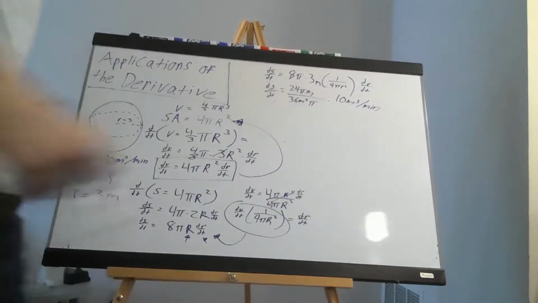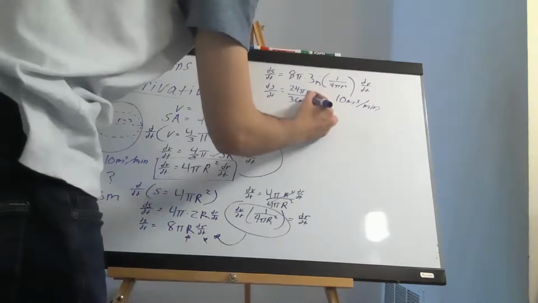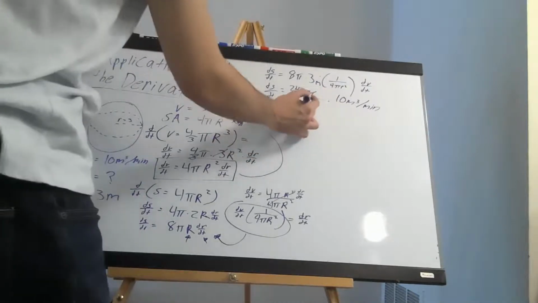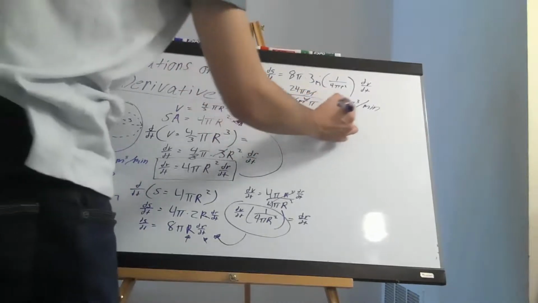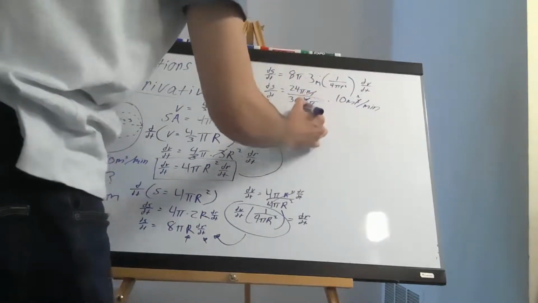So this right here is a mistake I just made. Now here's how this is going to go down. We're going to cancel this meters up top with that. This is now only meters to the first power. And then we're going to cancel that over here, change that to the second, and get rid of this m entirely.